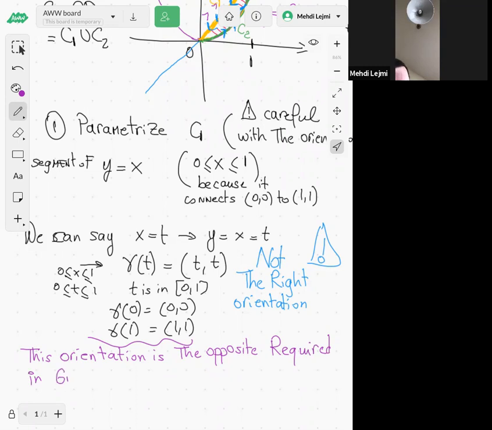Actually, you want to go from 1, 1 to 0, 0, not from 0, 0 to 1, 1.